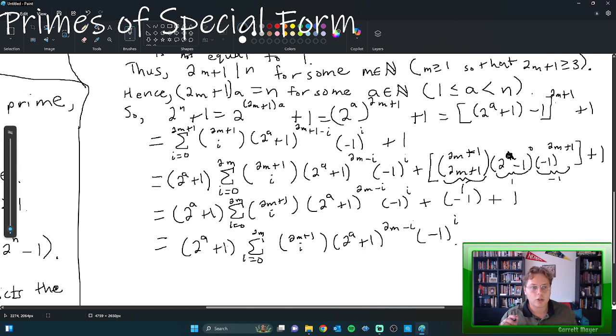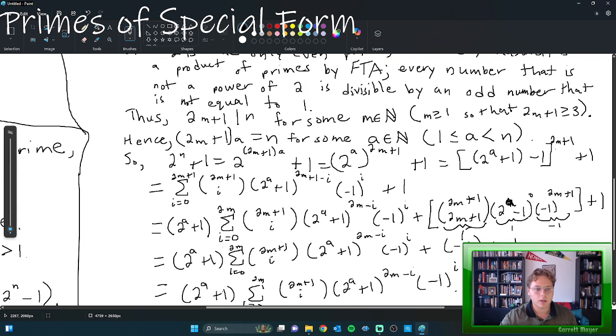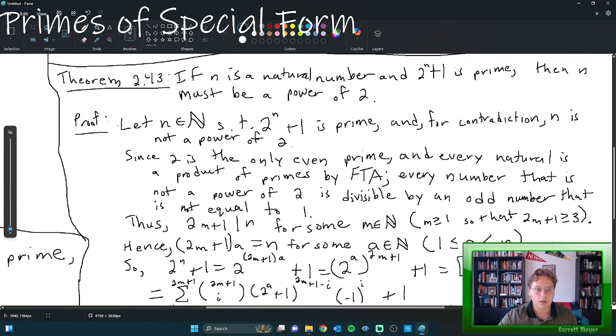So 2 to the n plus 1 is now divisible by a number that's between 3 and 2 to the n plus 1 minus 1. It's not 1 and it's not 2 to the n plus 1. 2 to the n plus 1 is divisible by this number. So that means 2 to the n plus 1 is not prime. However, remember at the very beginning, we defined that 2 to the n plus 1 has to be prime.